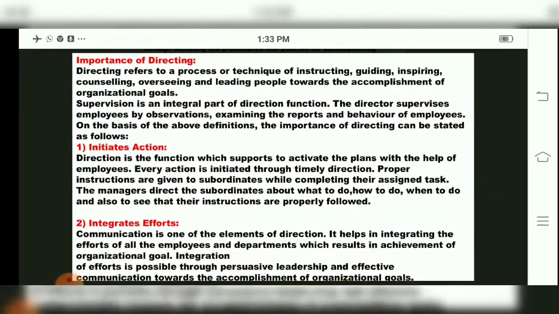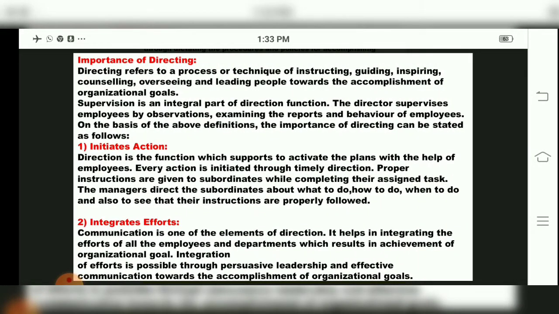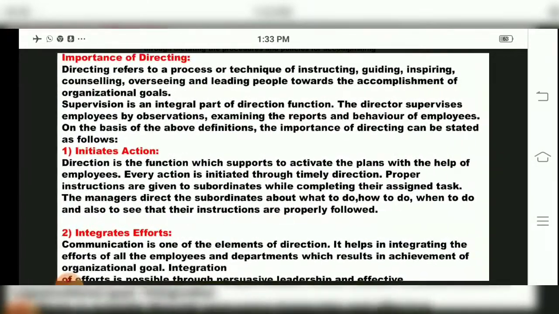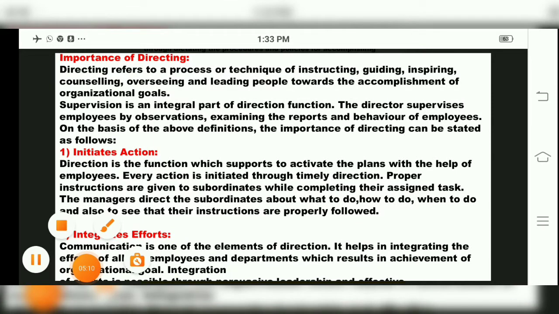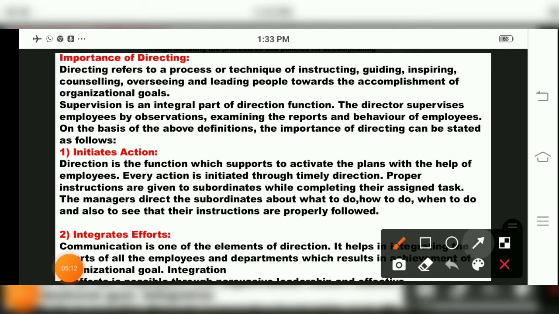Now we come to the next point of this chapter, children, that is the importance of directing. Director means who is guiding, who is giving us instructions. So directing refers to the process or technique of instructing, guiding, inspiring, counseling, overseeing and leading people towards accomplishment of organizational goals.